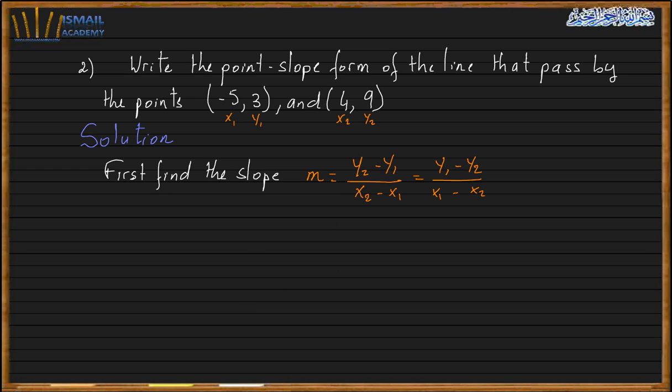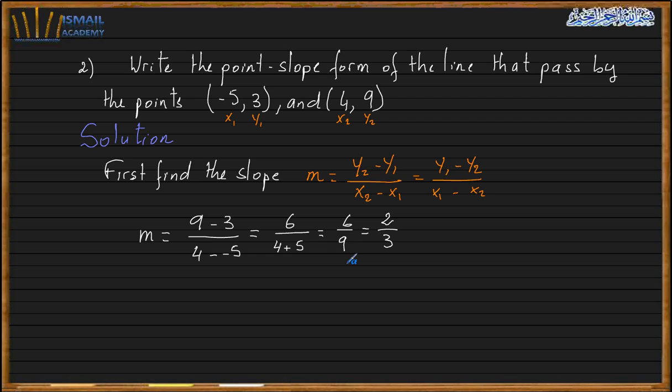Here my slope will be m equals y2 is 9 minus y1, 3, over x2 is 4 and x1 is minus 5. So it's going to be 6 over 4 plus 5, which is 6 over 9. Always simplify. Here I can divide both terms of the fraction by 3, so we end up having 2 over 3. This will be my slope.